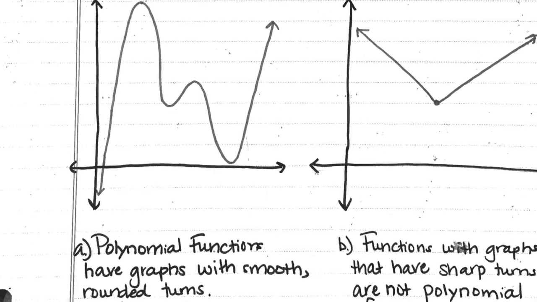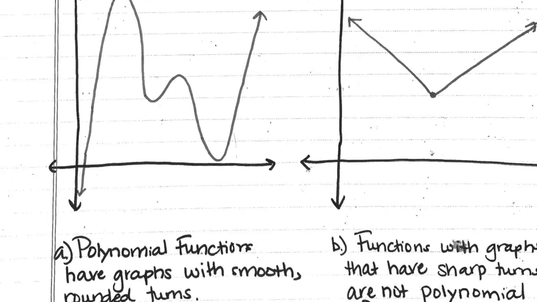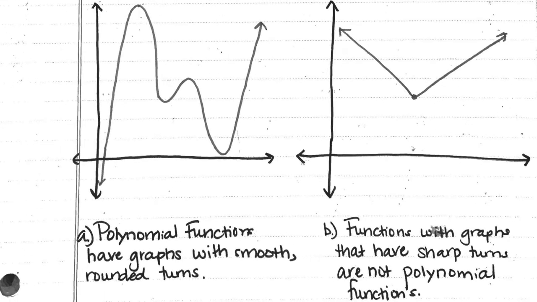Polynomial functions have graphs with smooth, rounded turns. So as you can see, this one is smooth and rounded. And the last says functions with graphs that have sharp turns, like an absolute value, are not polynomial functions.